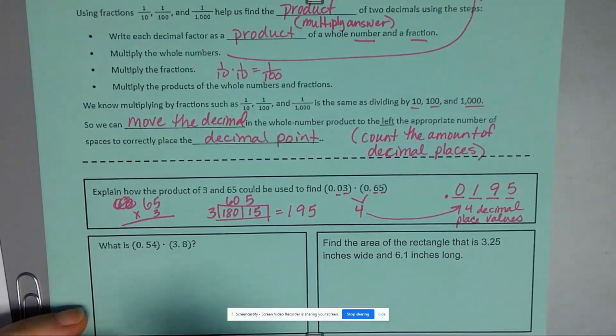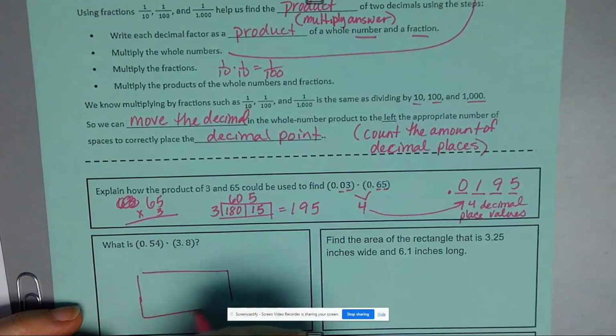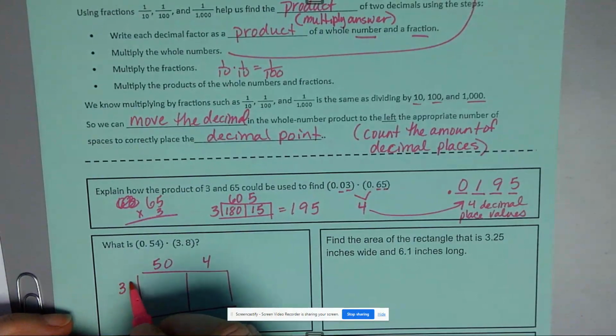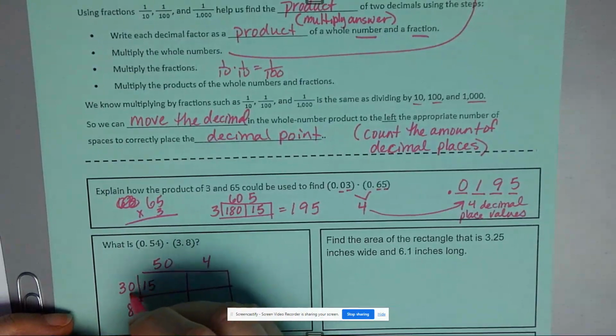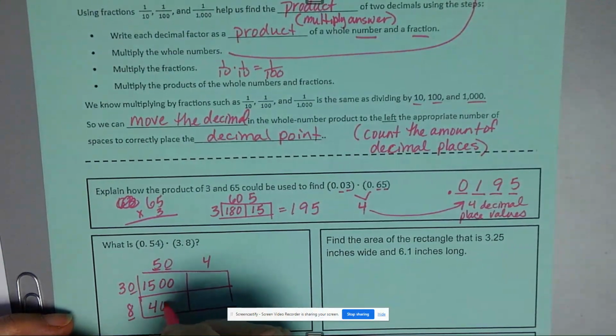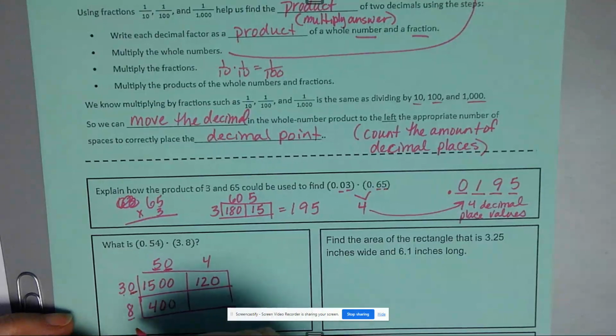Go ahead and multiply. 3 times 5, 15, 2 zeros. 5 times 8, 40, 1 extra 0. 3 times 4 is 12 with 1 extra 0.